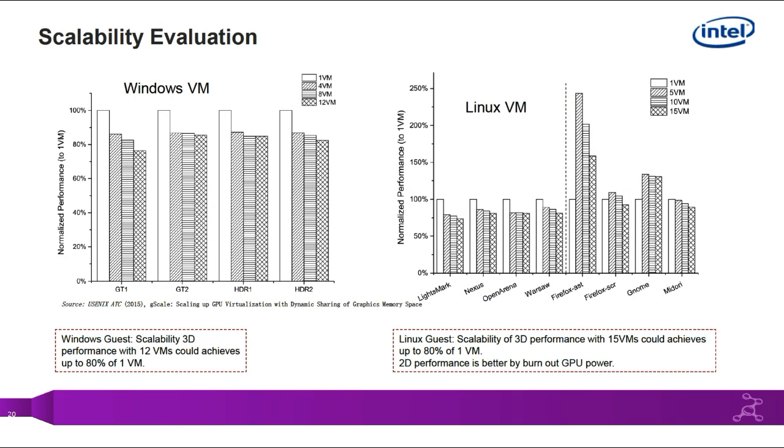So this 3DMark number on the left is with gScale active, right? The single VM number is normalized to 100%. Yes. Then when you show 4, 8, and 12, those are all with gScale active, right? Yeah. So you could do 4 VMs without gScale, right? Yes, we can already do that.